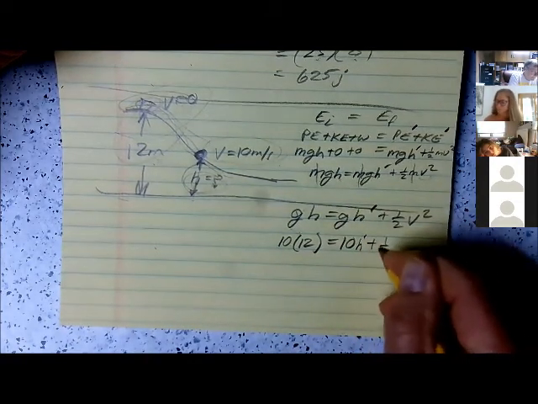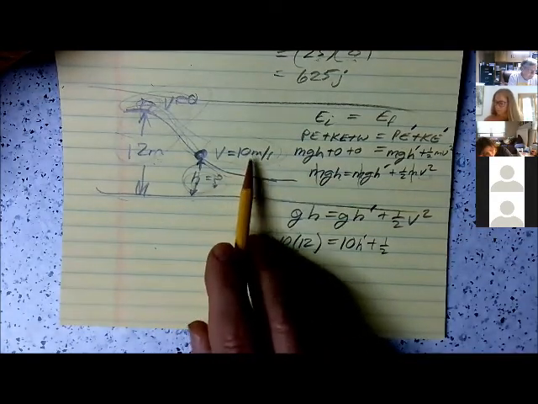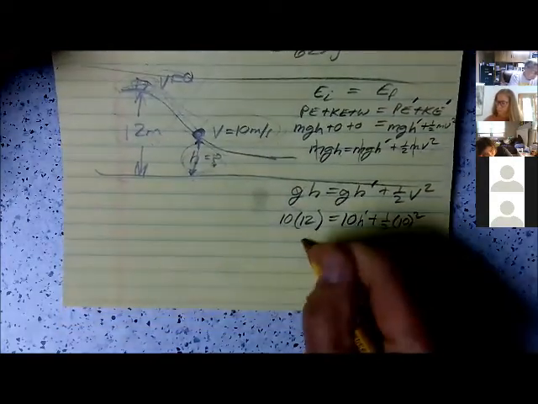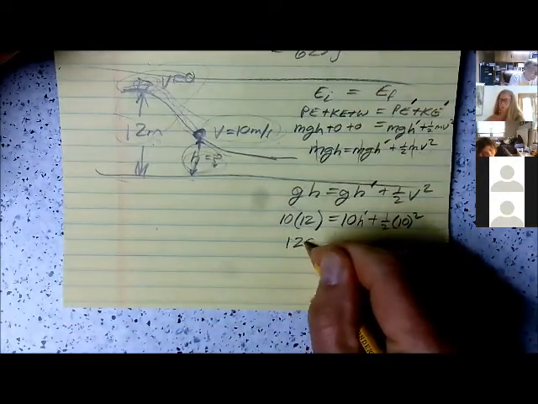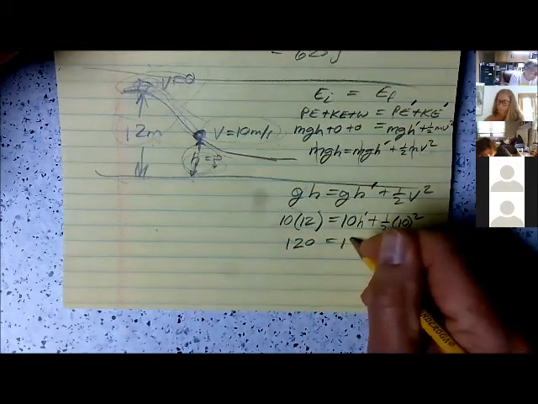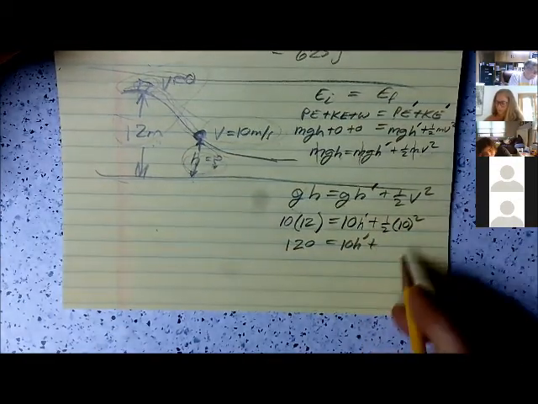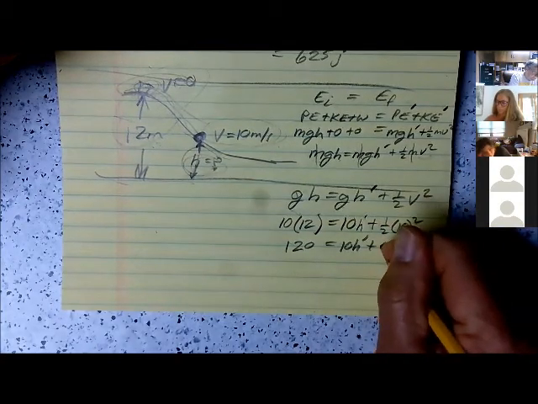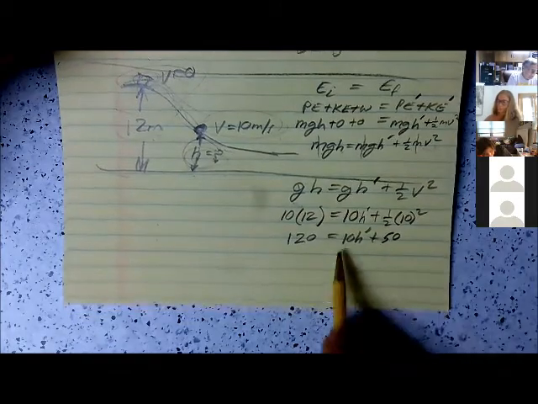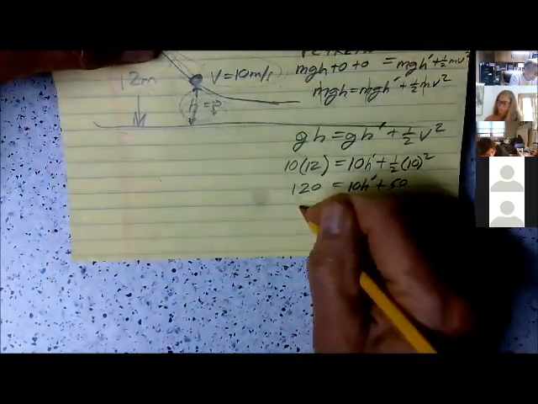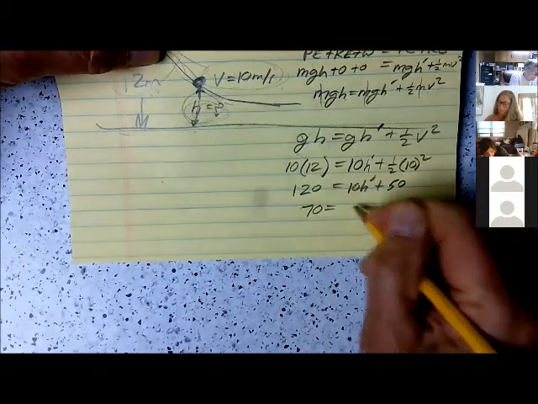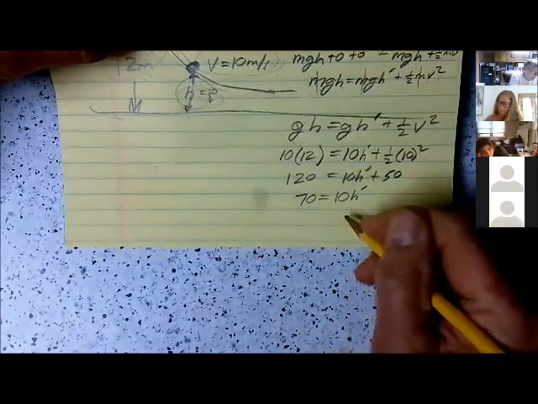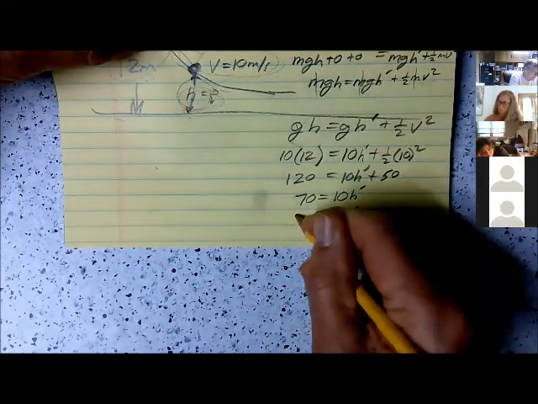Plus 1/2, and we're told v is 10 here. So continuing, I get 120 equals 10h prime plus 100 divided by 2 is 50. So I can subtract 50 from both sides and I get 70 equals 10h prime. Divide both sides by 10 and I get h prime is equal to 7 meters.